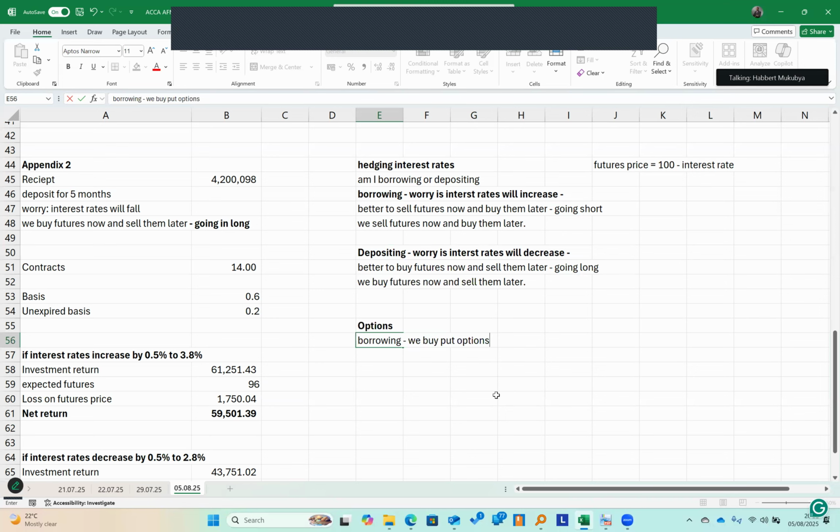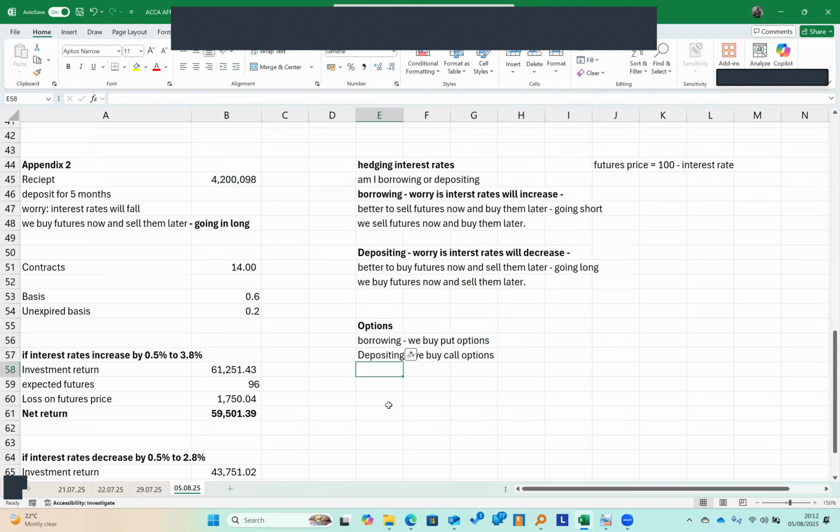That is, when we are borrowing, we buy put options, and when we are depositing, since we are buying now, we buy call options. Those are the two.